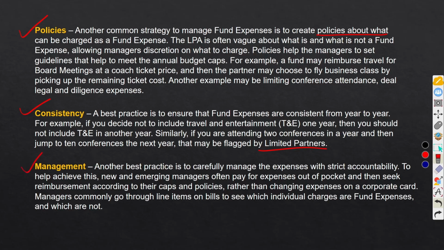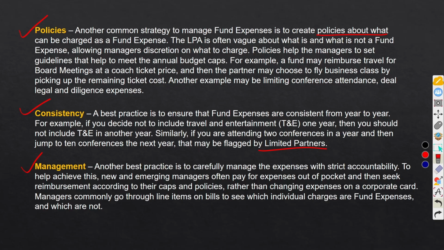The fourth strategy is management. Another best practice is to carefully manage expenses with strict accountability. To help achieve this, new and emerging managers often pay for expenses out of pocket and then seek reimbursement according to their caps and policies, rather than charging expenses on a corporate card.